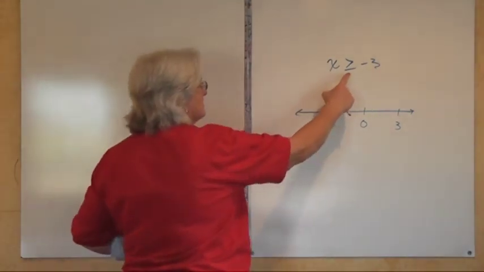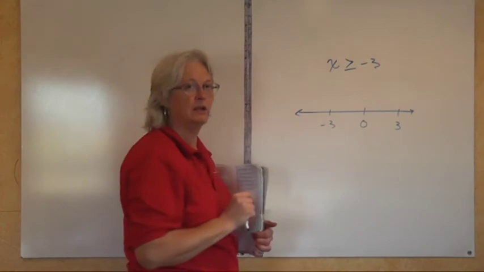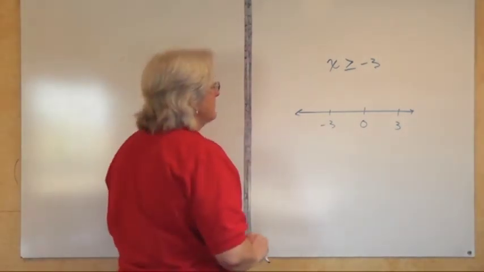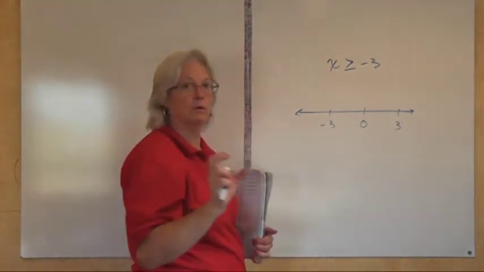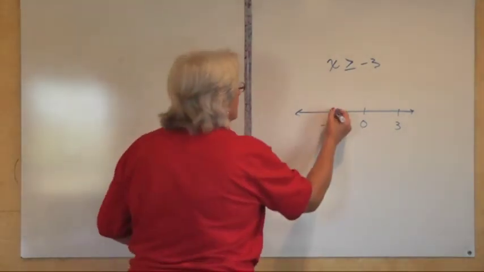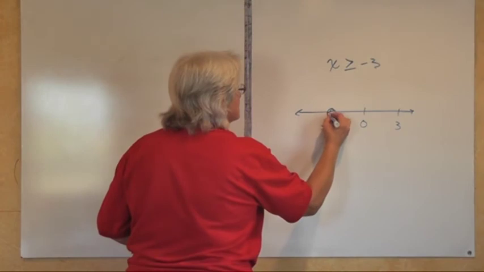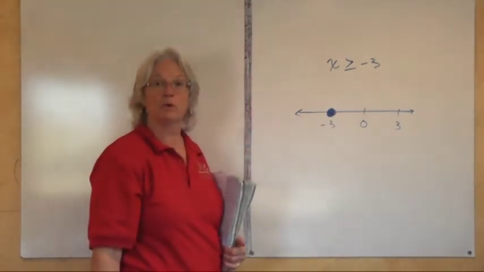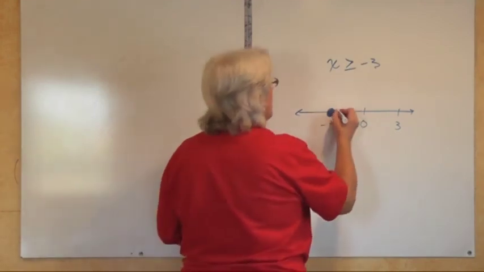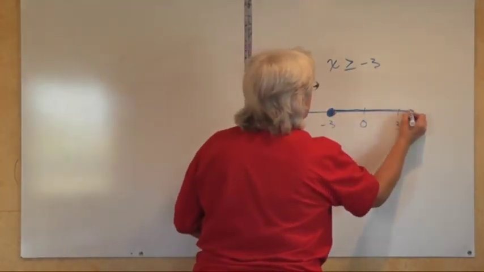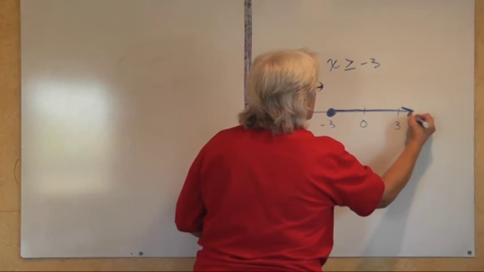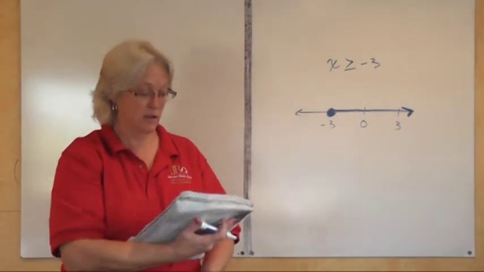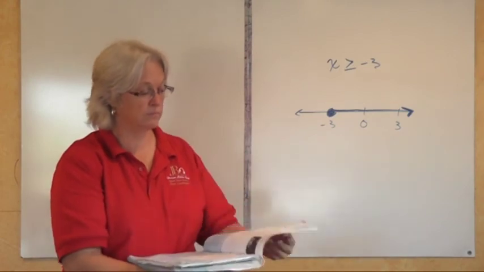This says that x can be greater than negative 3, or it can be equal to negative 3. If x is equal to negative 3, that's going to be a solid circle. So we have x is equal to negative 3, or greater than negative 3. That's all there is to graphing this inequality.